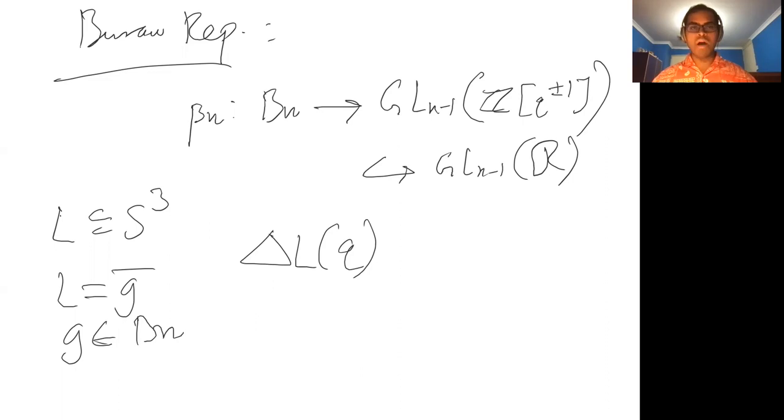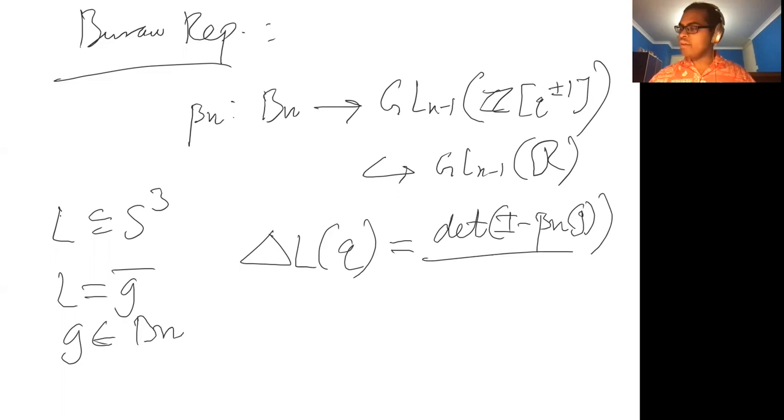Up to an overall power of q, you can write it as the following: the determinant of I minus the Burau representation of g, where g is the braid which gives you L, divided by 1 plus q squared plus dot dot dot plus q to the n minus 1. This is a formula that Burau established. And what's really cool is that you immediately see the philosophy we talked about.